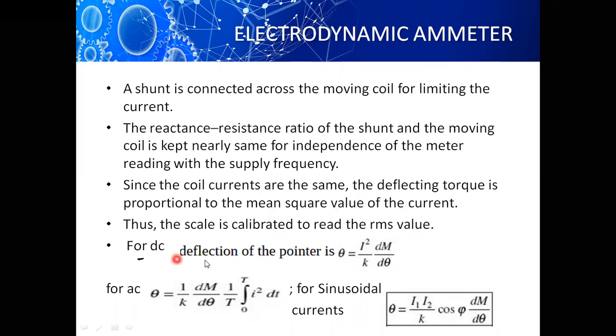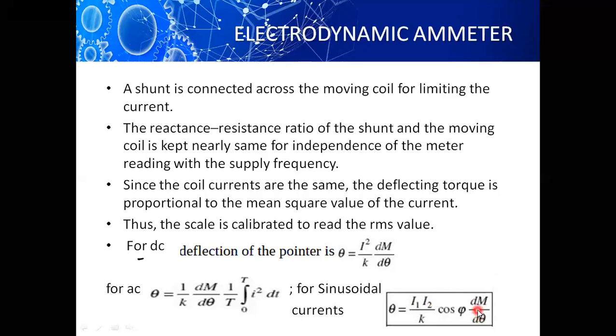So for DC, the deflection of the pointer theta is equal to I square by K dM by d theta, as we have seen. For AC, it is going to be 1 by K dM by d theta, times 1 by T, integral from 0 to T of I square dt. Now, for sinusoidal, if we give two sinusoidal currents which are out of phase by phi, then we have theta is equal to I1 I2 by K cos phi dM by d theta.